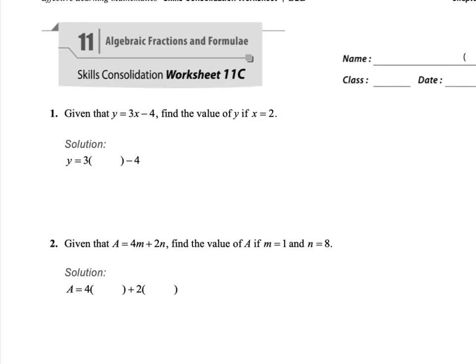Okay, this is 11C. It is about substitution. So you basically just put it back. For this one, you have y equals to 6 minus 4, which is 2. For this one, m is equals to 1, n equals to 8, so you have a equals to 4 plus 16, which is 20.